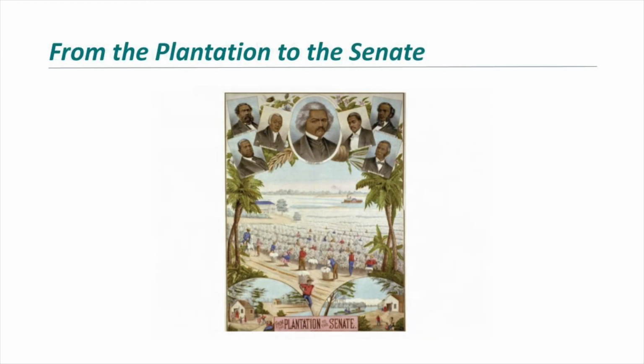And here's a lithograph from 1883, looking back on the period during Reconstruction, celebrating African American progress during Reconstruction. It's called From the Plantation to the Senate.